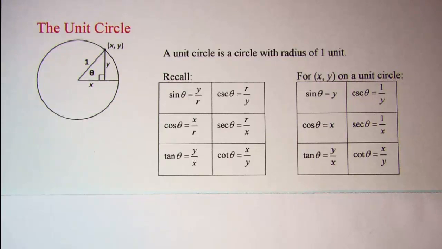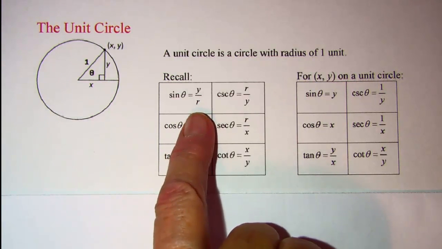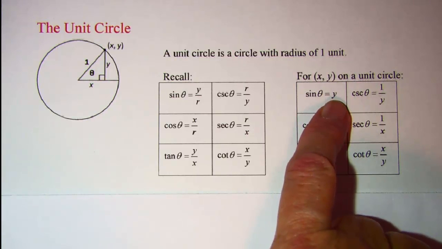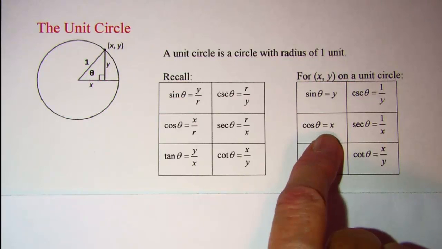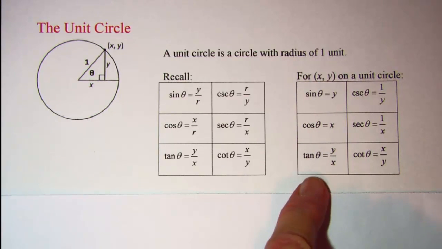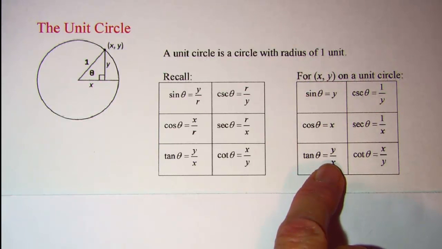So when r is 1, my sine function just becomes y over 1, which is just y. Cosine is x over 1, which is just x. Tangent is still y over x.